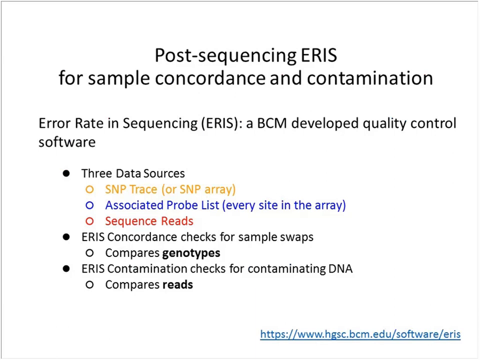ERIS uses 3 sets of data: the SNP trace or any kind of SNP array data, the associated probe list, and the sequencing data. I'll give you a little more detail on how it determines concordance and contamination in the next slide.